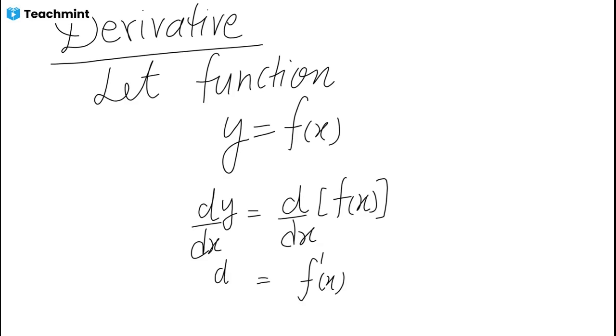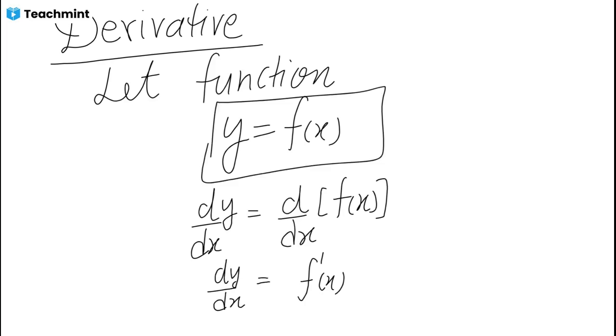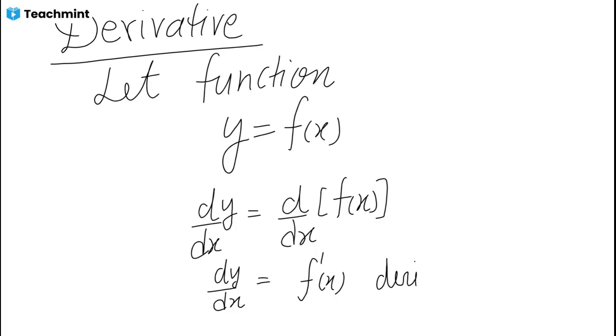And this dy over dx is the derivative of y is equal to f(x). This is the function and this is its derivative. I think I remember something like plus C. Will it happen in a derivative? In integration we have it, not in derivative. This is the derivative of y.